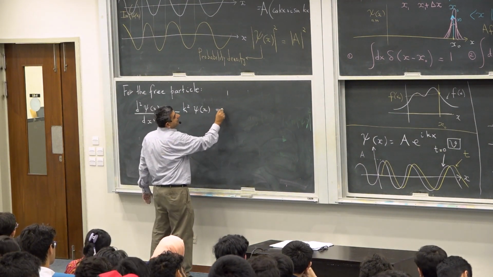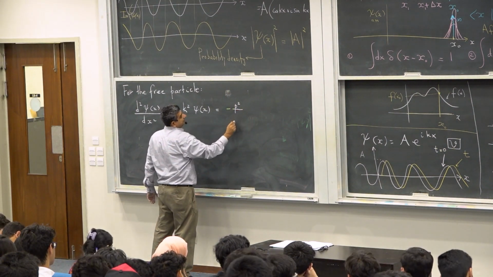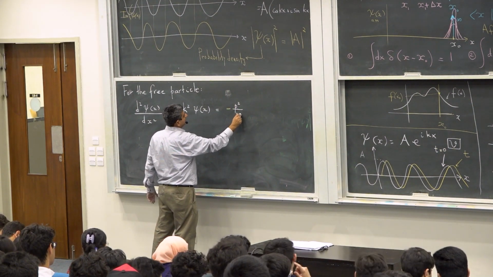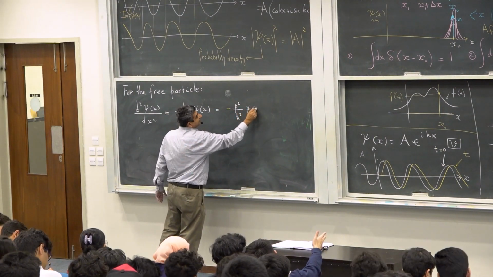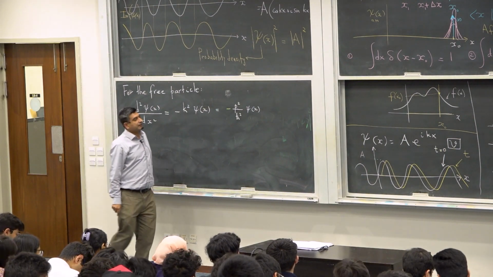This is minus p square over h bar square psi of x.